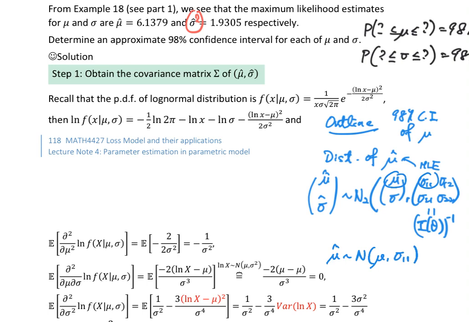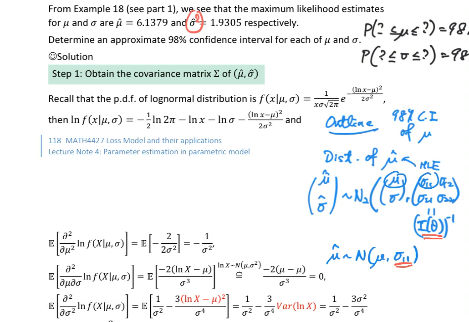This is the distribution of mu hat. In order to move on, we first have to obtain this sigma 1, and to get this you have to find what this I theta is, in order to take the inverse and get your covariance matrix.